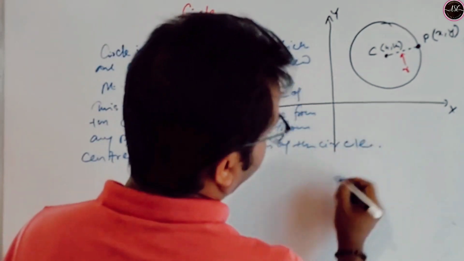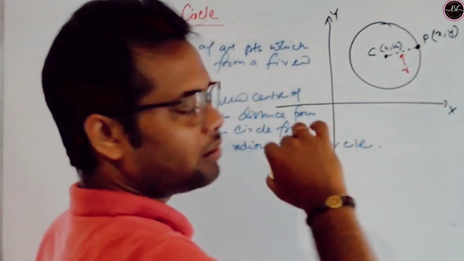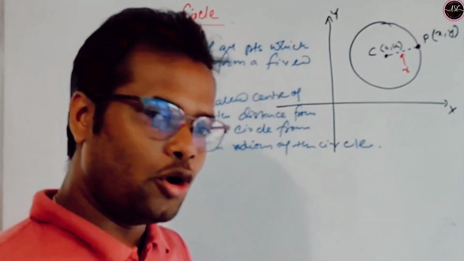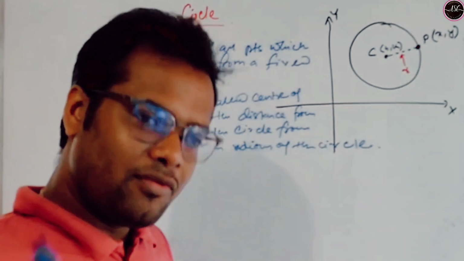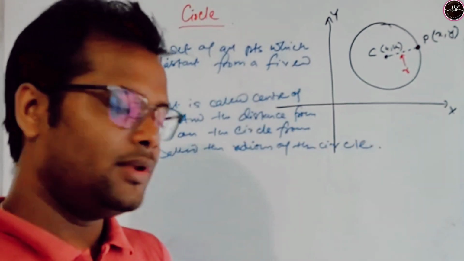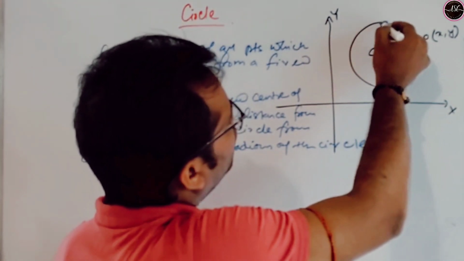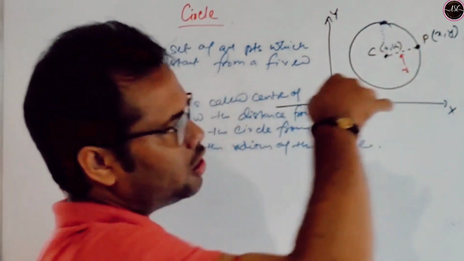Okay, so here let P is any point, okay, and C is the center. So just look, CP is the distance from the point to the center. If this point is here, so this distance is also the radius.